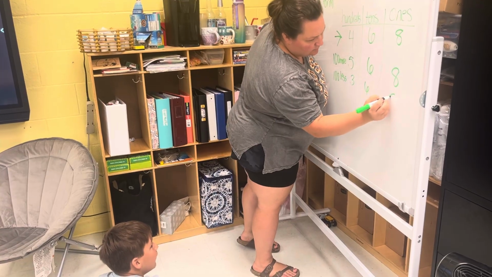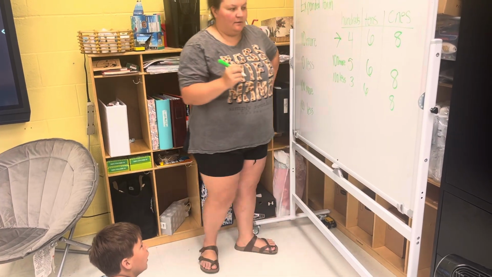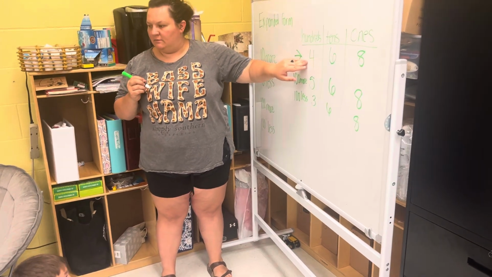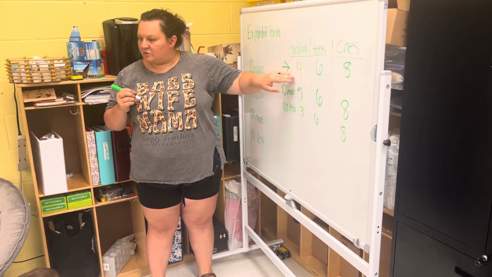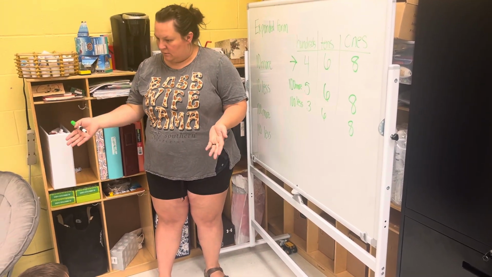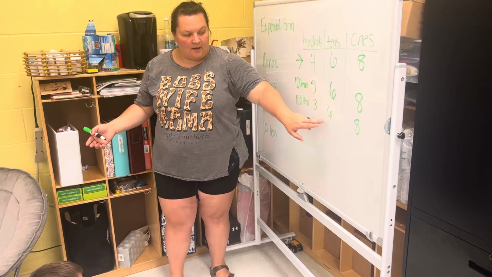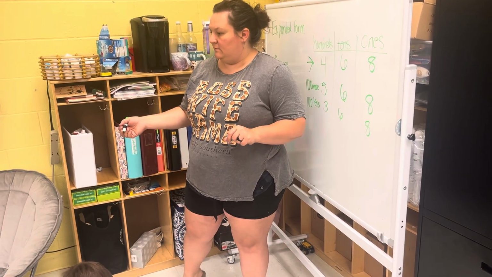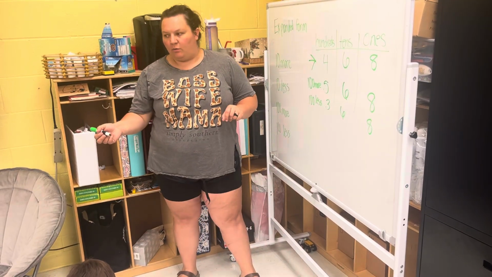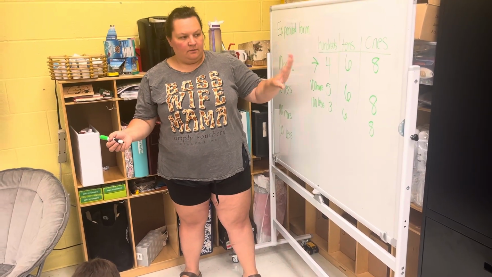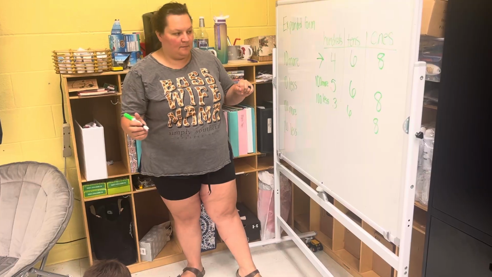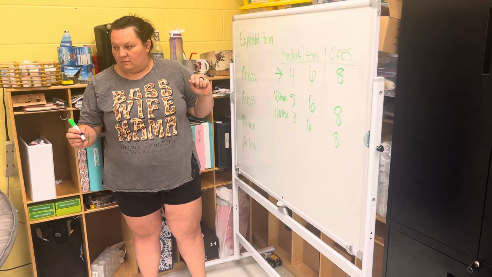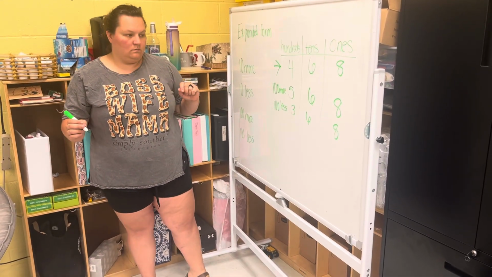Because if I take 100 away from 468, my 4 is going to go to 3, and my tens and my ones place are going to stay the same, right? Because we're only dealing with what place? The hundreds, okay?